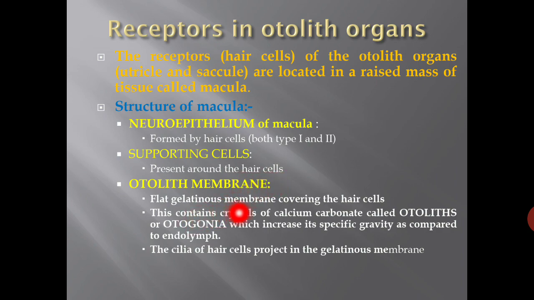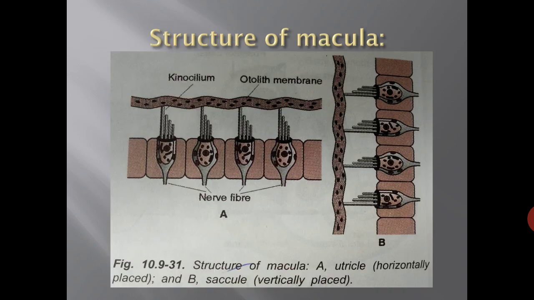There is an otolith membrane formed by flat gelatinous material covering the hair cells, and it contains crystals of calcium carbonate, called otoliths or otoconia, which increase its specific gravity compared to endolymph. The cilia of the hair cells project into the gelatinous material. So this is the structure of the macula, present in the utricle and saccule.